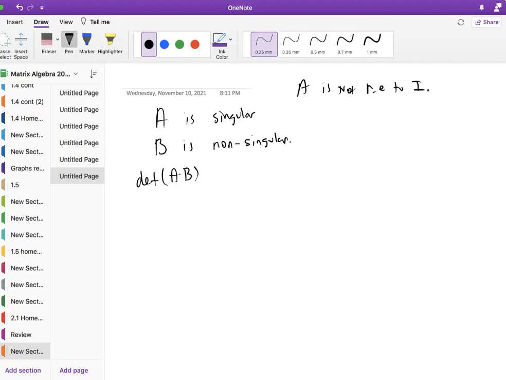So what is the reduced row echelon form of A? So remember, saying row equivalent, good, yeah. So its reduced row echelon form has a row of zeros.